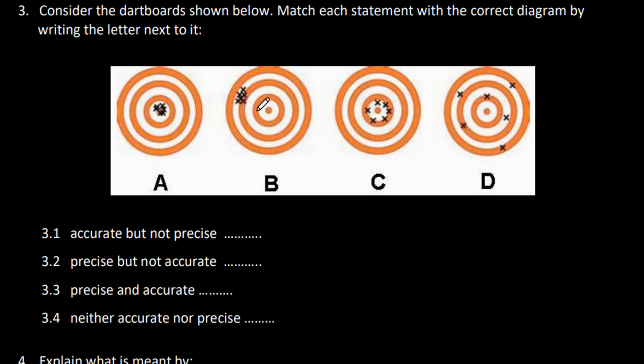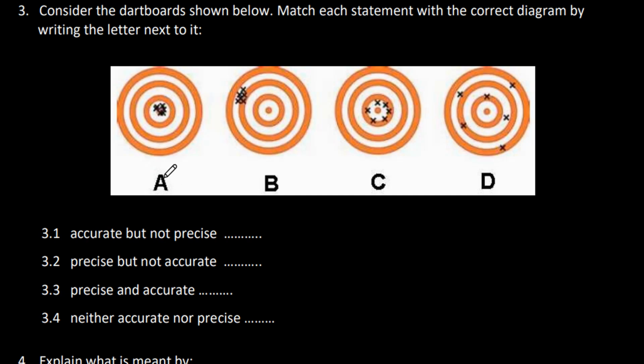So the closer the darts are to the bullseye, the more accurate a measurement will be. Then the distance between the darts is analogous to the precision of the measurement. If the darts are close together, then we know the measurement will be precise. If they're far apart, it will not be precise.